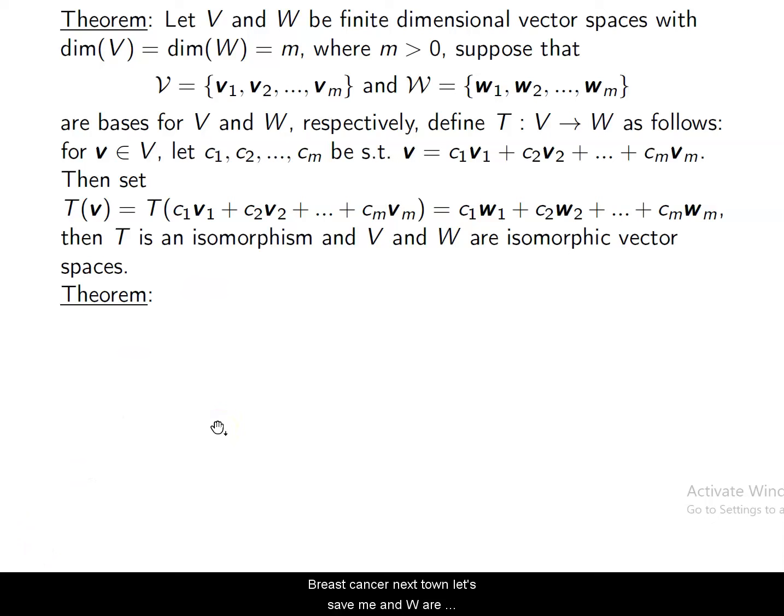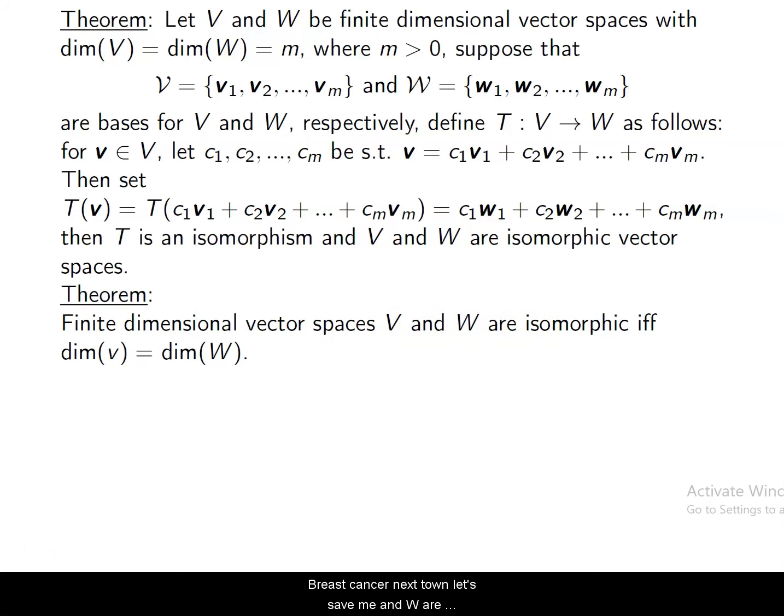Okay, so let's come to our next theorem. Let's say V and W are isomorphic and they are finite dimensional. This is true if and only if their dimensions are equal. So this is a much easier way to show that two vector spaces are isomorphic, just showing that their dimensions are the same. If they have the same dimension, then they're going to be isomorphic.